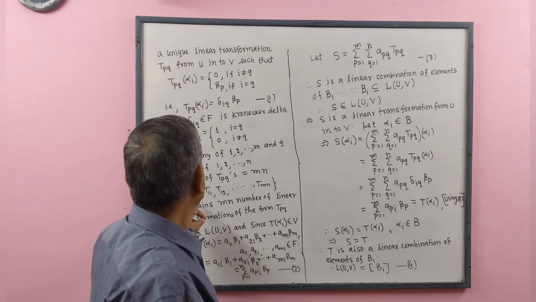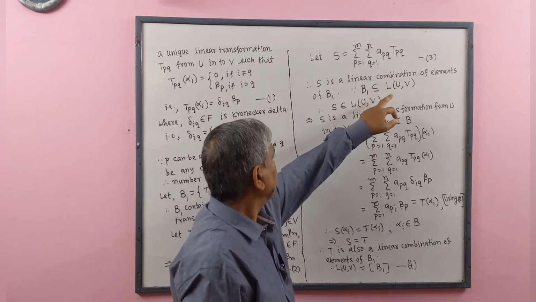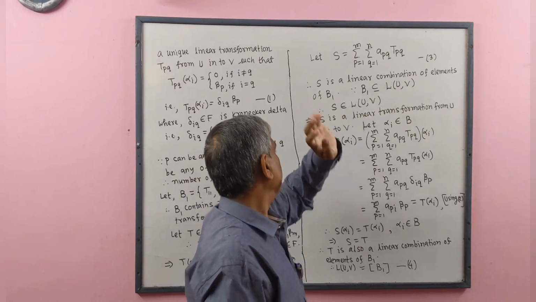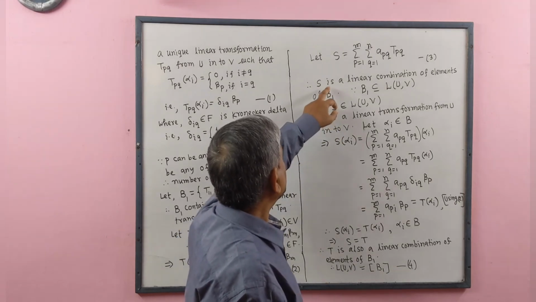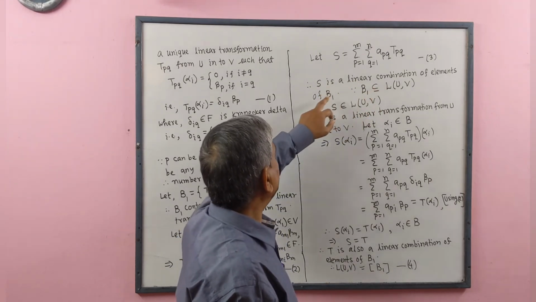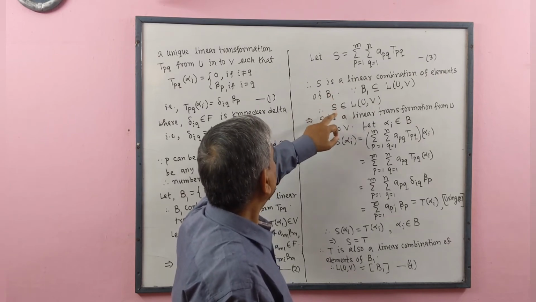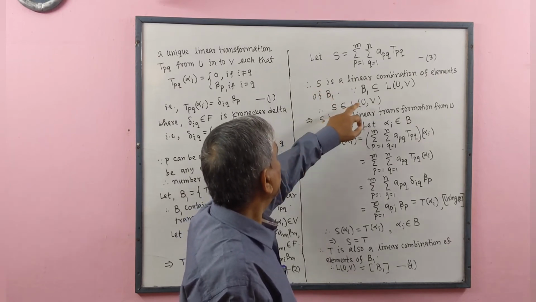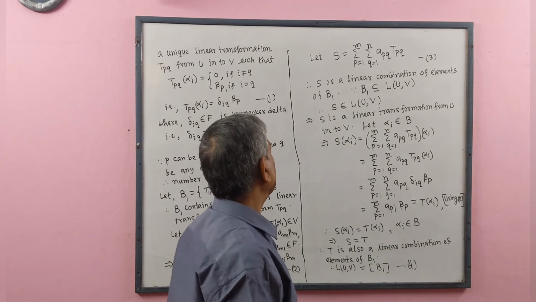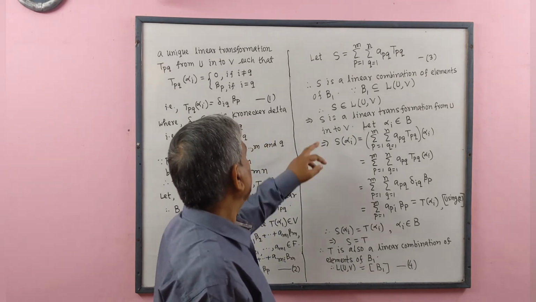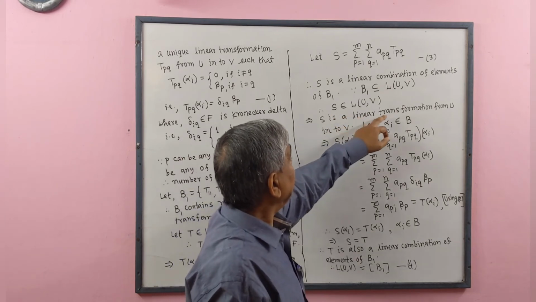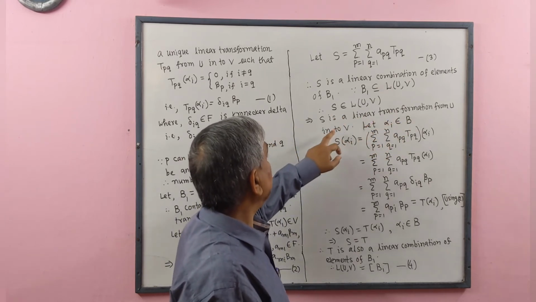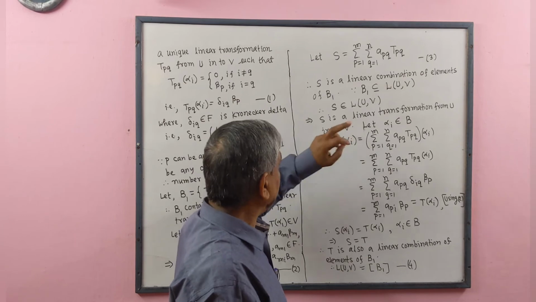So, B1 is a subset of LUV and S is a linear combination of elements of B1. Therefore, S belongs to LUV. This implies that S is a linear transformation from U into V.